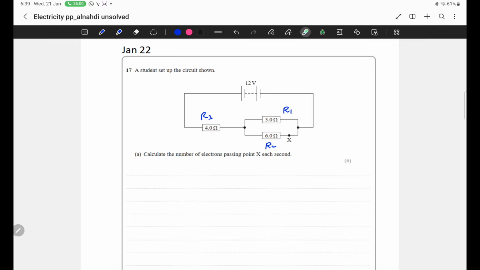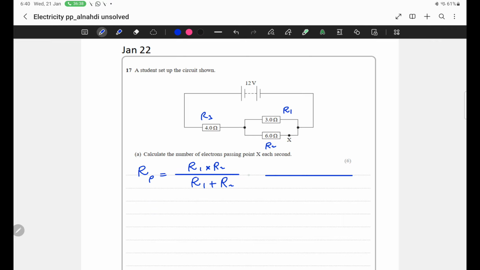And I am asking Abdullah. Abdullah beta, R1 and R2, series or parallel? Yes, it is parallel. And if you are calculating total resistance of parallel, then what is the formula of parallel? Sir, product divided by sum. Product divided by sum.